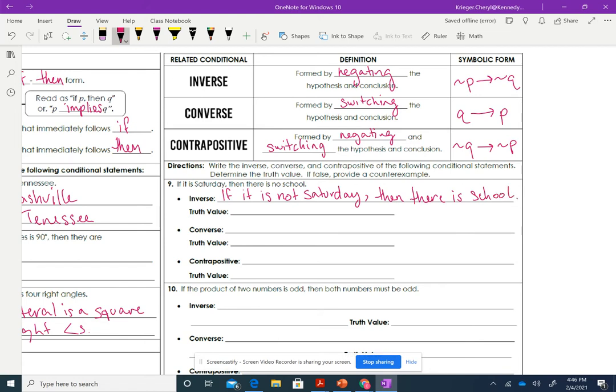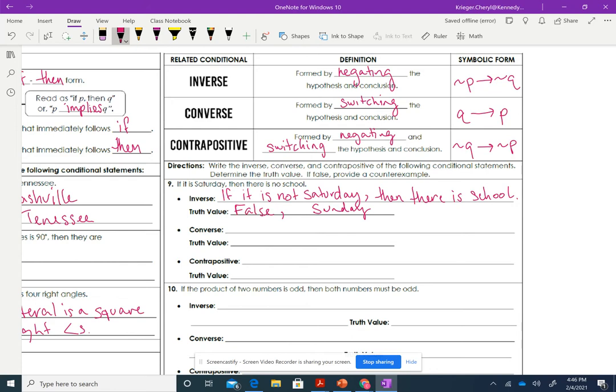Is that true? No, that's false, because another weekend day exists and that day is Sunday.